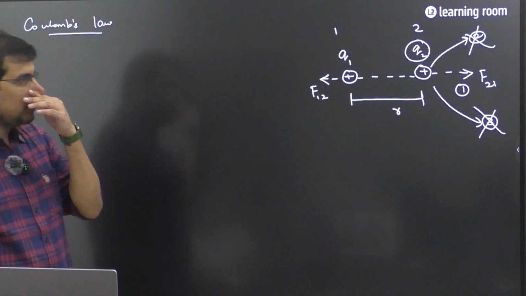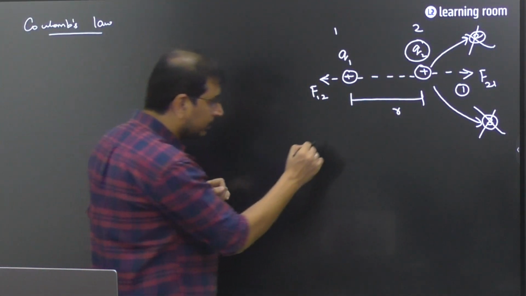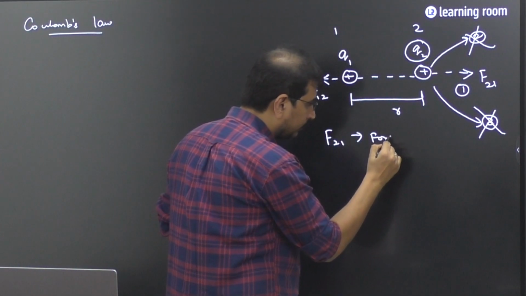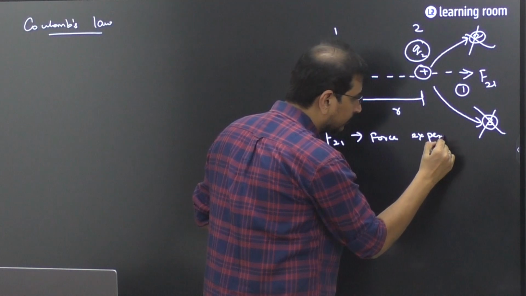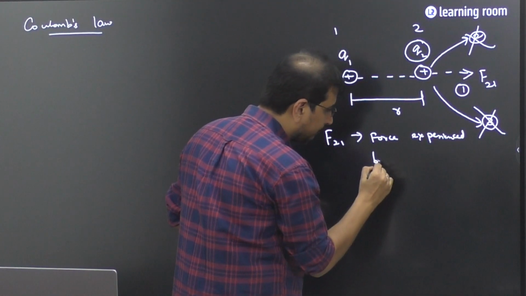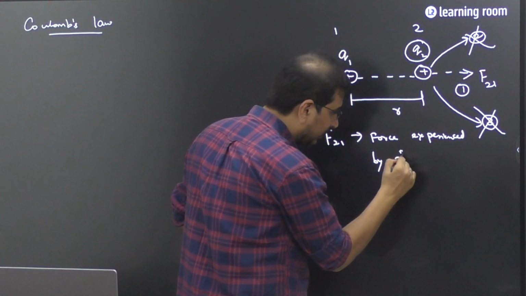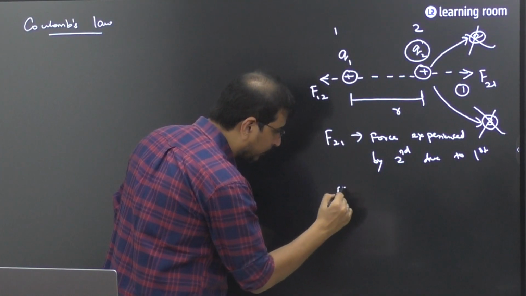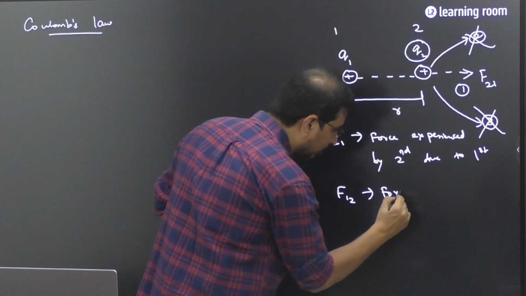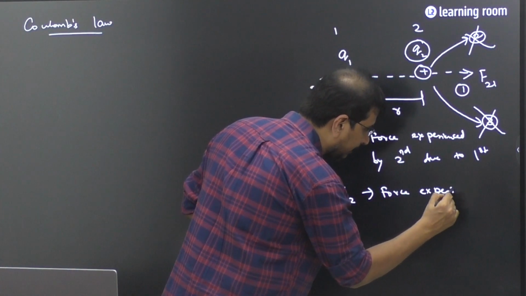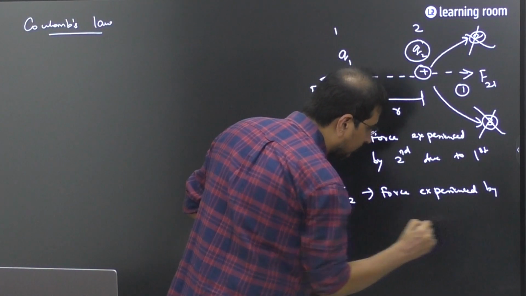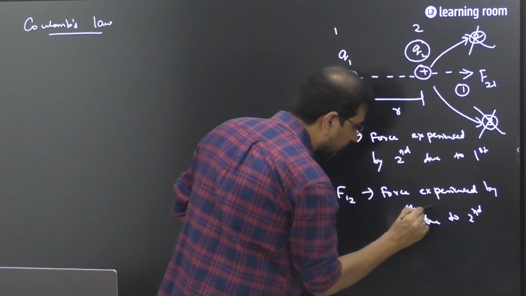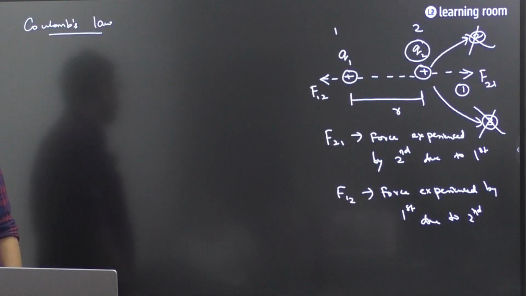I need to give a name to this notation. How do I write it? F21 is the force experienced by the second due to the first. What about F12? Force experienced by the first due to the second.